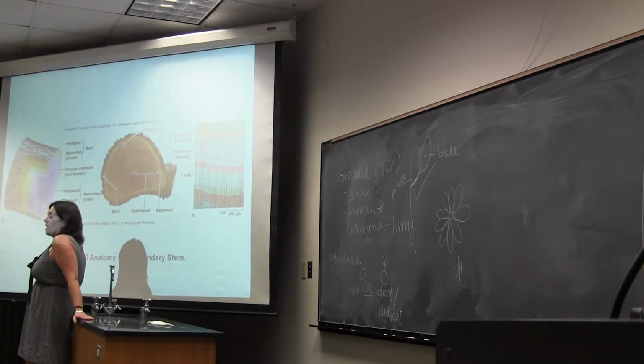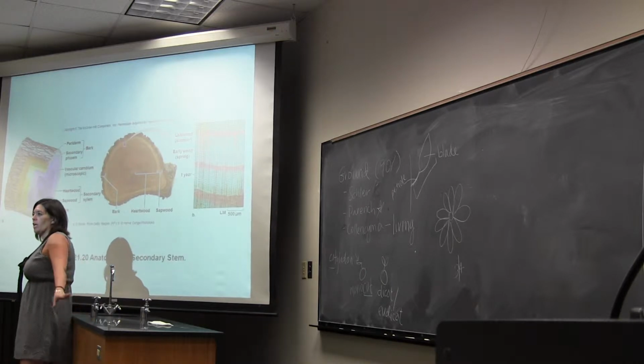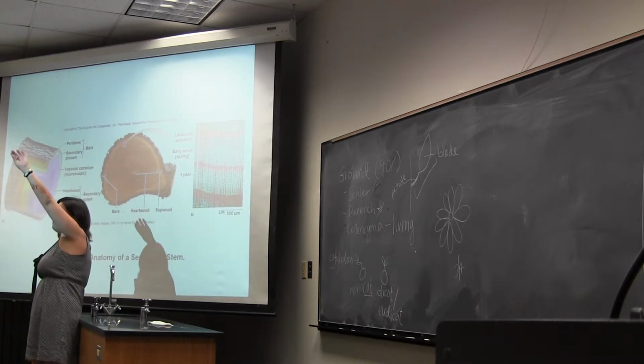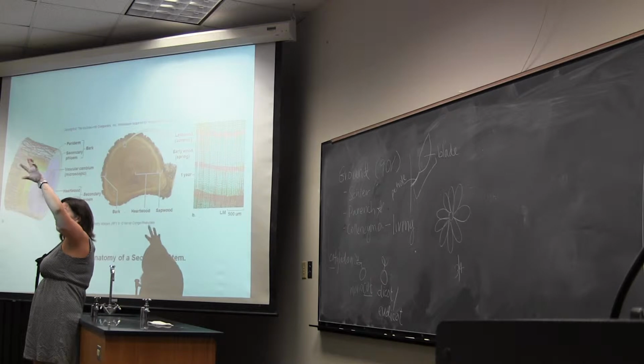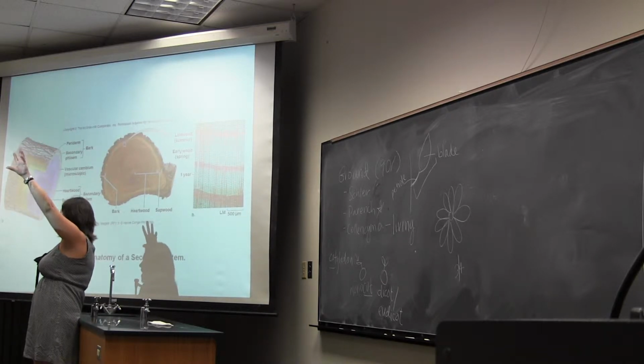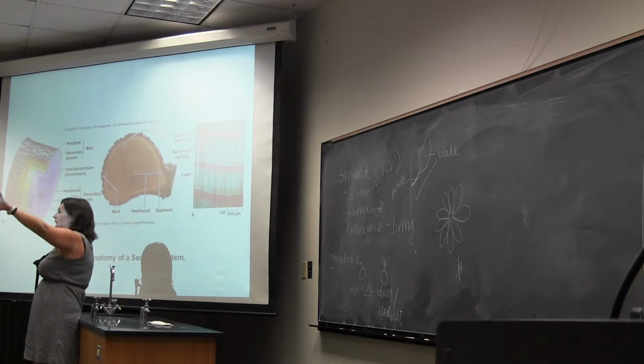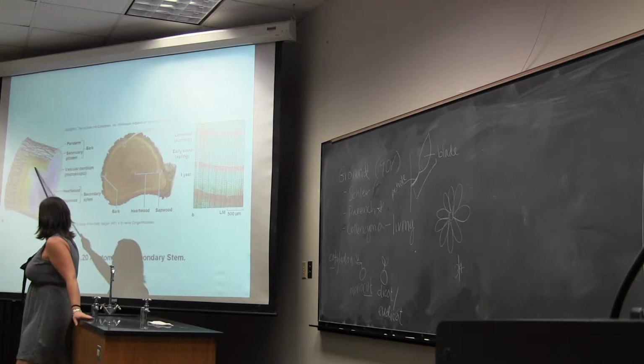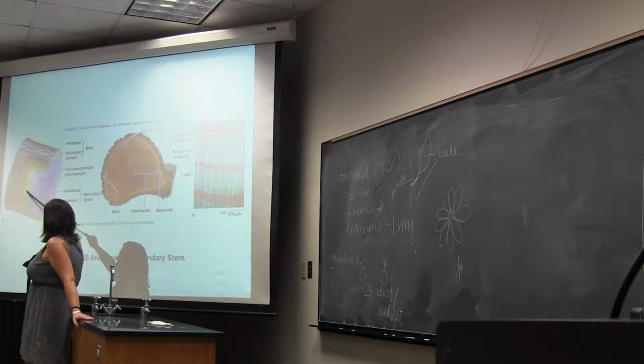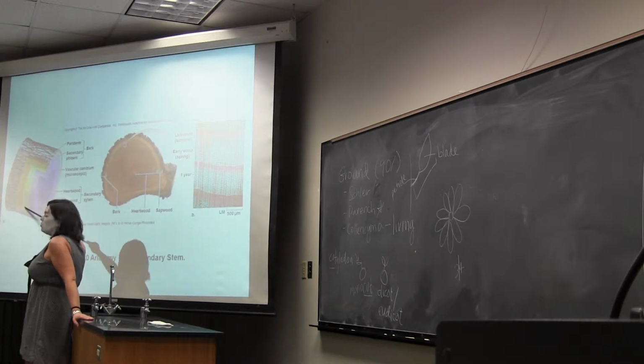So if you look at the layers in a tree, you're going to have the periderm, then the secondary phloem, and that makes up the bark. Then if you go one more layer in, you're going to find your vascular cambium. And again, this is what's giving rise to your xylems and your phloems.